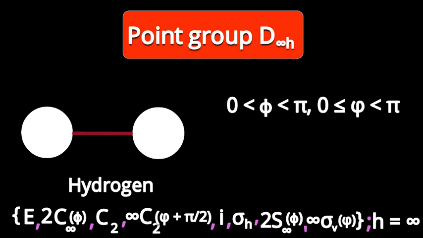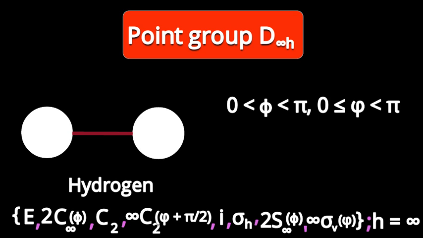Afterwards, is there any improper axis of rotation? Yes, our C infinity principal axis itself can become an improper axis of rotation. Actually, a very large number of operations are possible for the proper axis as well as the improper axis of rotation, because the angle of variation is very small, that is phi. The angle of variation will be the same as for the axis, and the representation is also nearly the same.